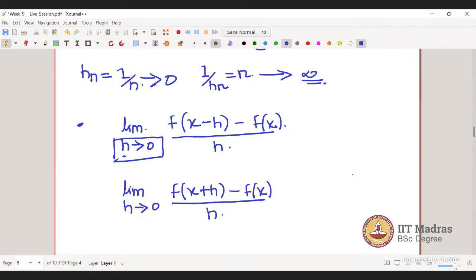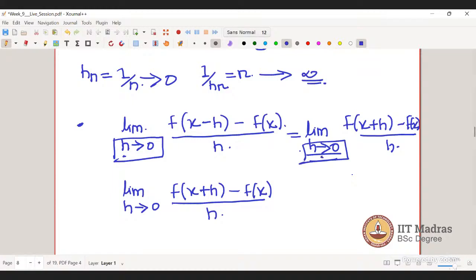So I can write it as this, limit. Here my h is negative, but instead of that, I will write x plus h. So they are the same thing, right? Here I am taking h to be positive, here I am taking h to be negative. Eventually this x plus h and x minus h will give me the same thing, right?